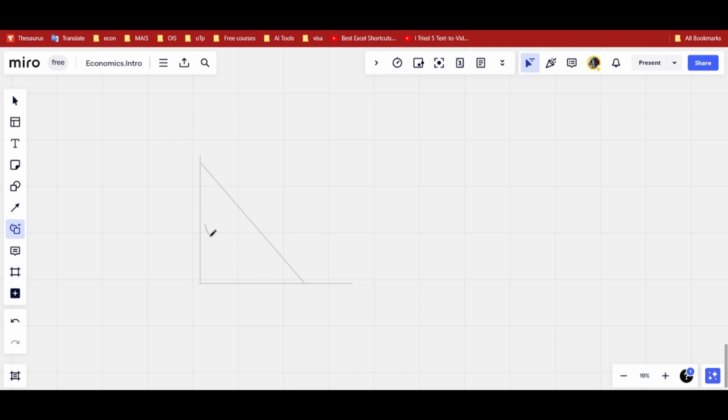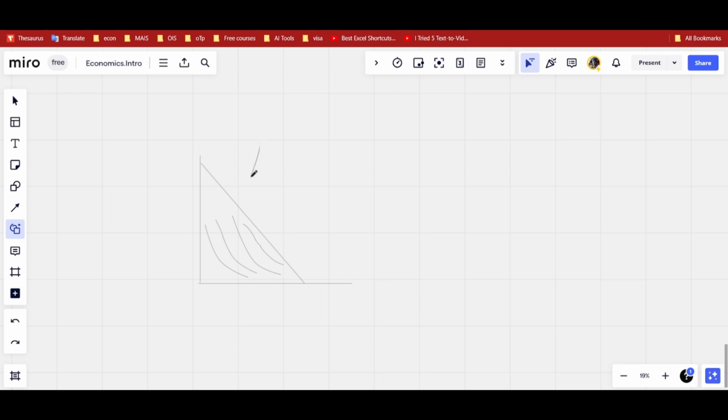So you can have all these indifference curves below the budget line. What we're saying is that the rational consumer is not going to choose any of these, but this indifference curve, because they're not getting the maximum satisfaction.